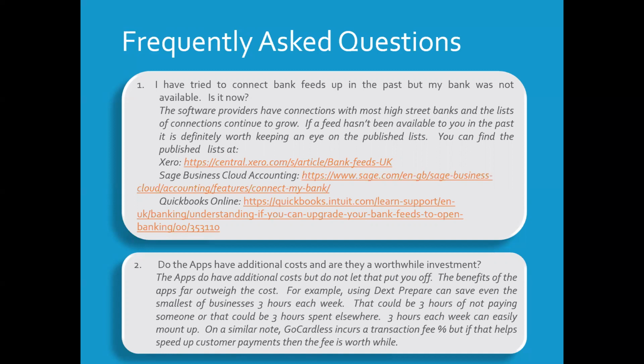And also, not necessarily noted on the slide, Dext Prepare does also have the ability to connect up with banks to download transactions on a daily basis that can then be used to import into the accounting software. So if you don't even have a CSV file, for example, that's available from your bank, then do let me know, because there may be a temporary solution that we can provide with Dext Prepare.